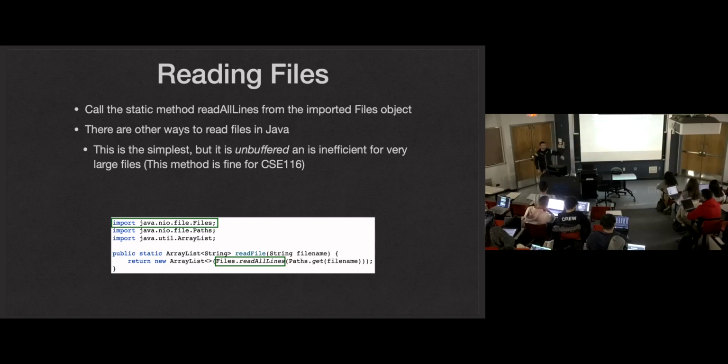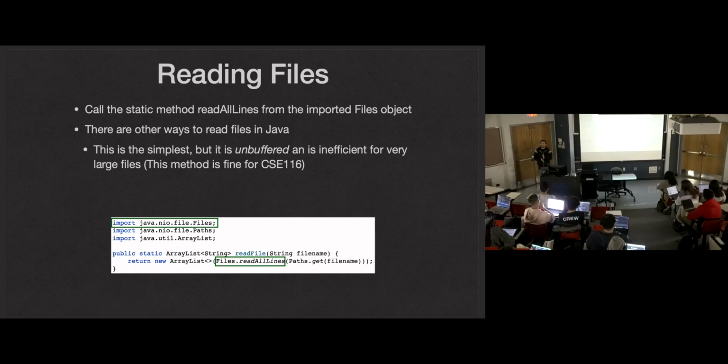This is how we'll read files in 116. If you want to do buffered file reading for your homework, I'm not going to stop you. It'll work just fine. It won't cause issues in AutoLab if you want to do it the buffered way. But if you don't want to think about it, just do it this way.